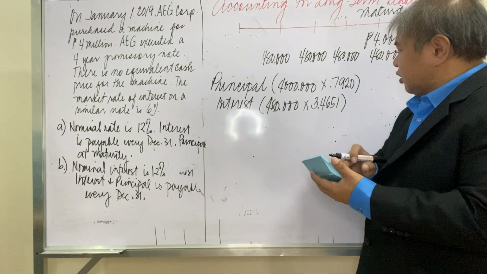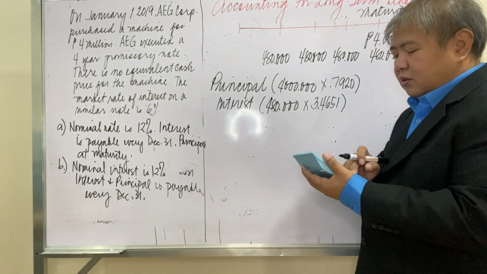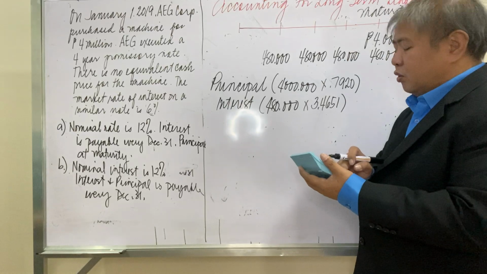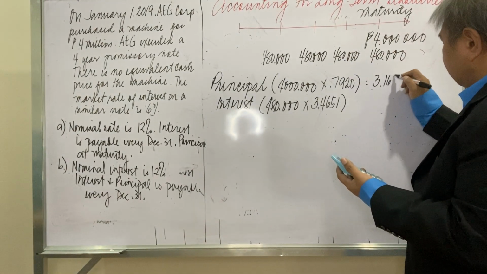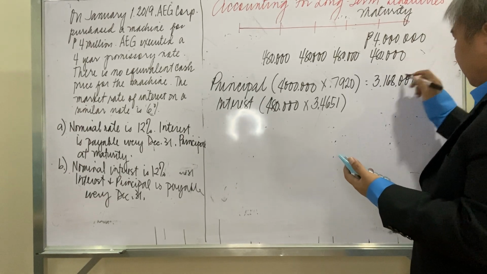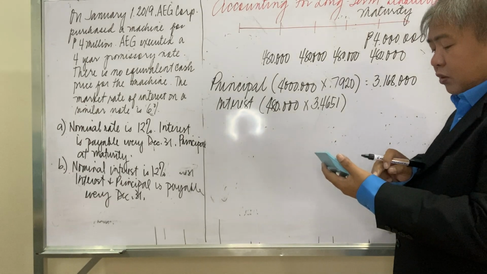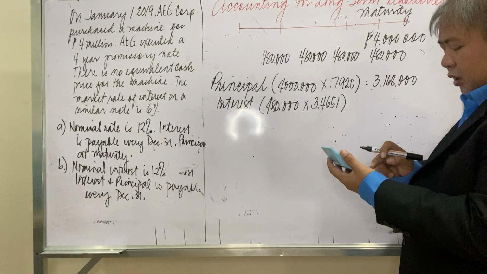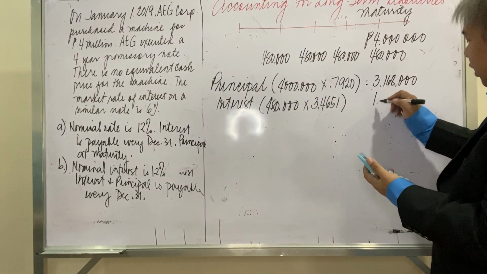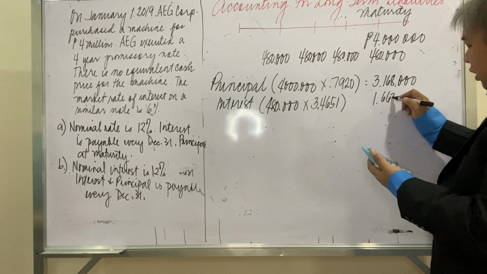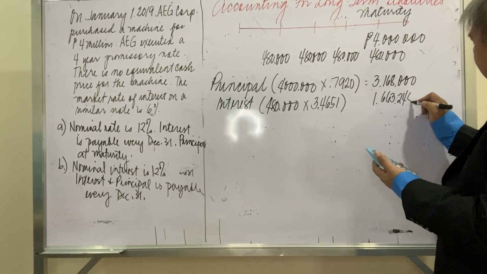So let's do this. 4 million times 0.7920 is 3,168,000. And 480,000 times 3.4651 is 1,663,248.